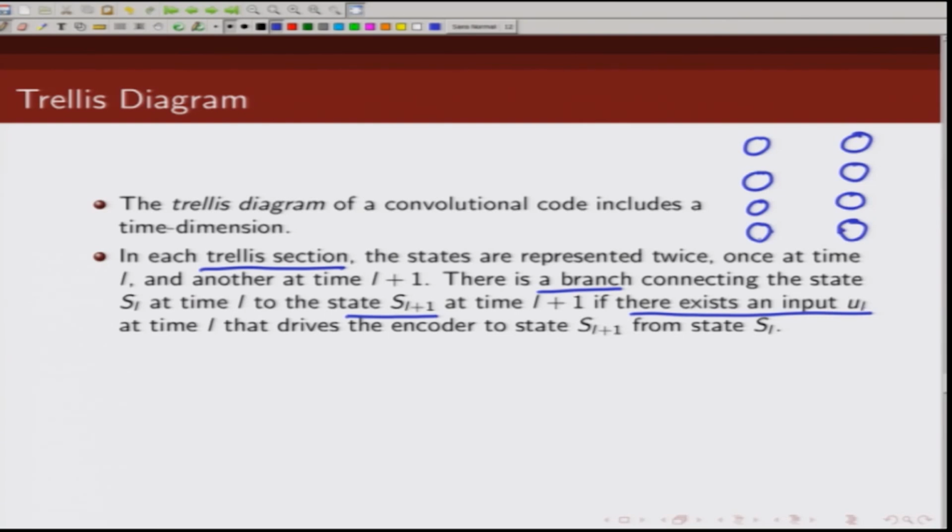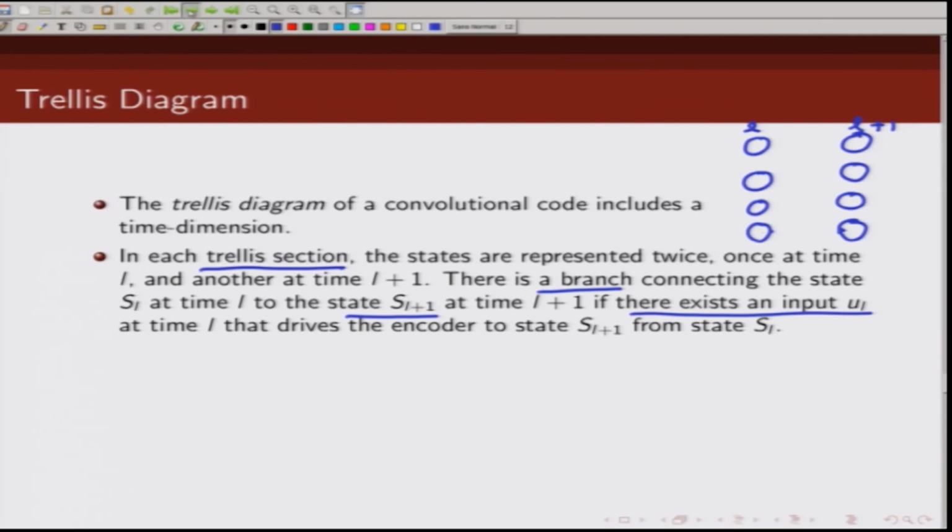So, at time L, these are the states corresponding to time L, and these are the states corresponding to time L plus 1. There will be a valid transition from a state at time L to a state at time L plus 1 only if there exists an input that will drive the encoder from this state to some other state in the next time instance.